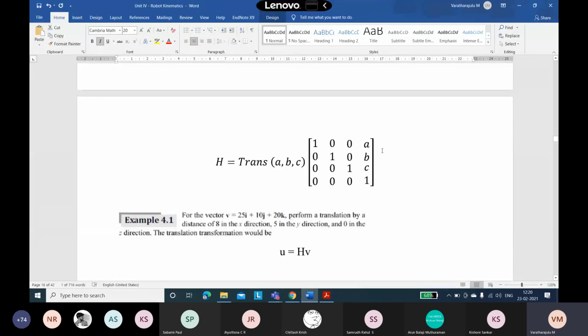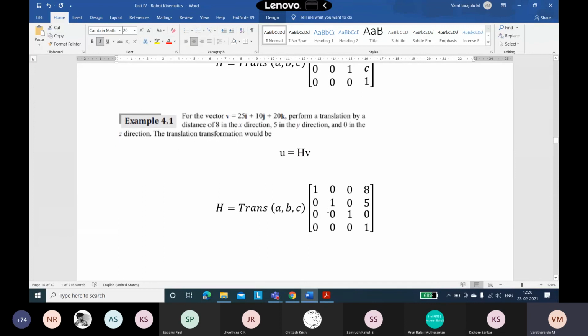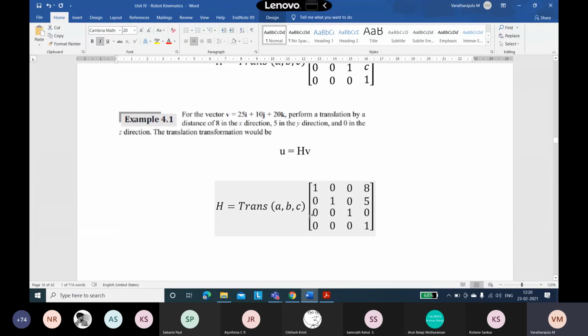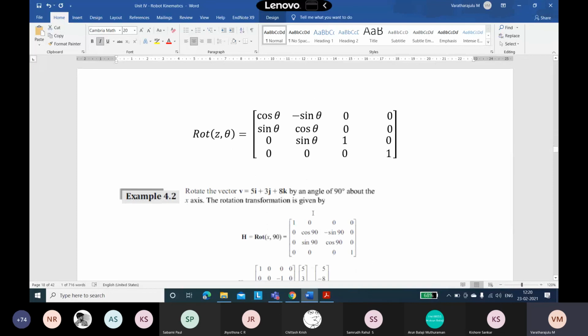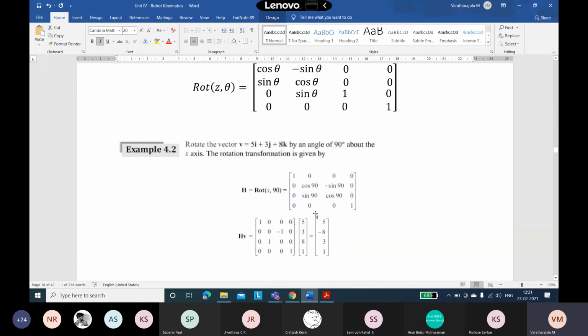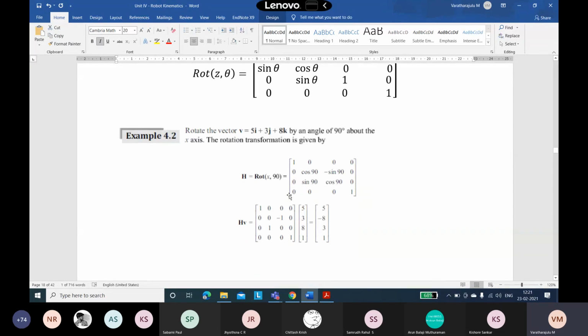In this formula, H concerns the translation and theta concerns the rotational transformation. Here, instead of theta, we introduce 90, so we have 1 0 0, cos 90 minus sin 90, sin 90 cos 90 and 1, and we have the point vector as 5 3 8 1.